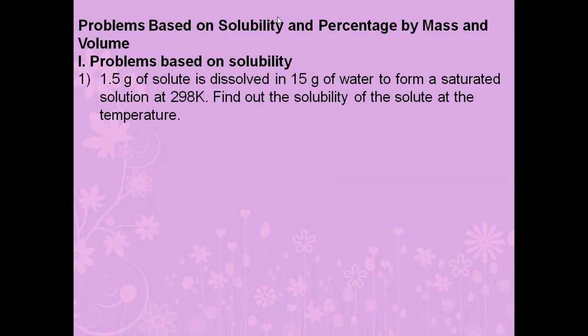The question is: 1.5 gram of solute is dissolved in 50 gram of water to form a saturated solution at 298 Kelvin. Find out the solubility of the solute at this temperature. In this question the solute is 1.5 gram and the solvent is 50 gram.